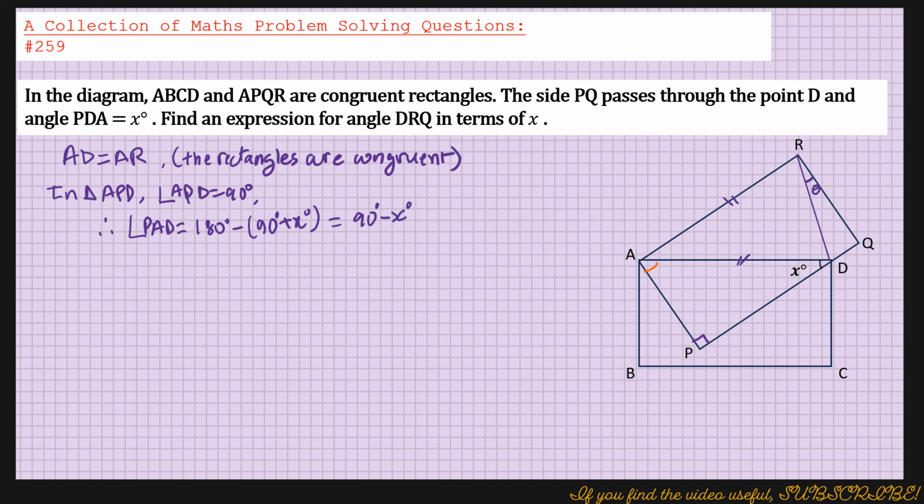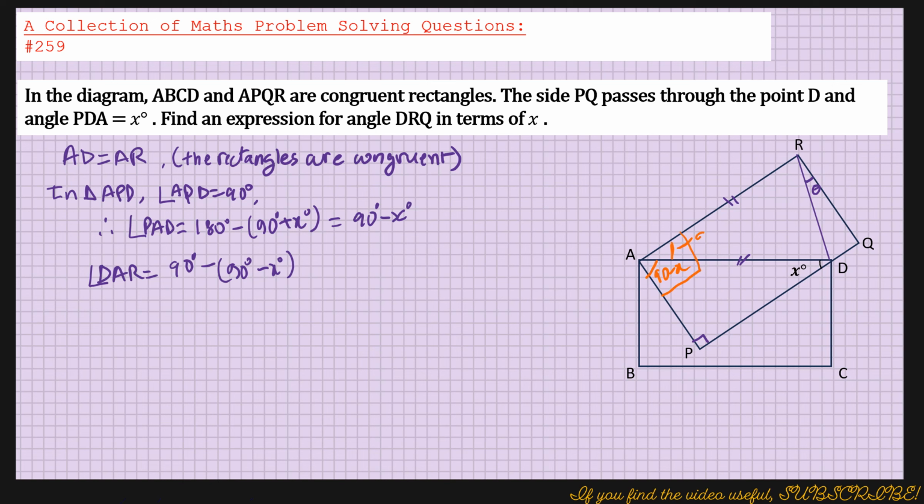Once we do that, we get angle DAR. This is 90 minus x, and angle DAR would be this angle. That would really be 90 minus, because this whole angle is 90 degrees.